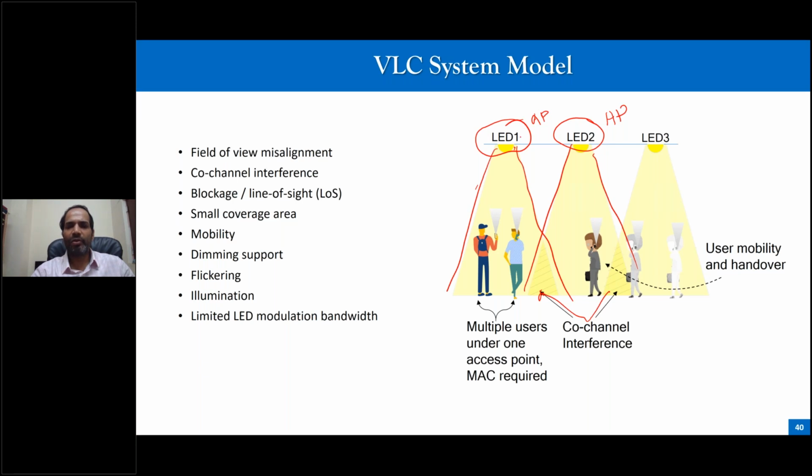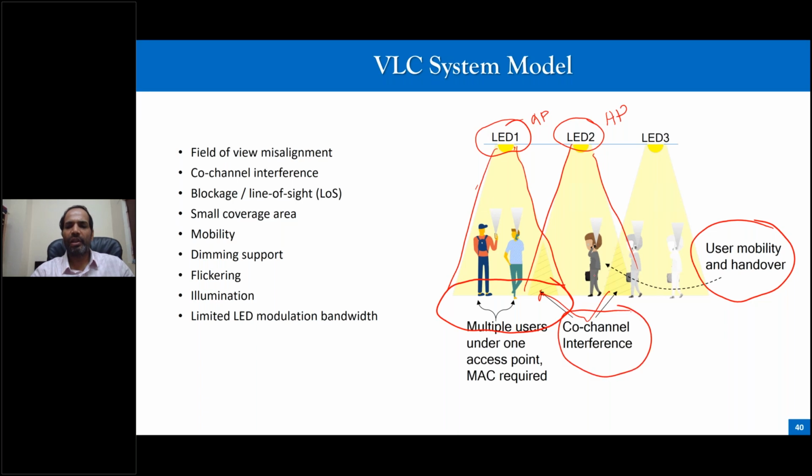So this radius is typically much smaller in optical systems, and thus when you move in your home or in a room or in a big hallway, the handovers in optical systems are much more frequent than in radio systems. So we have to take care of this user mobility.